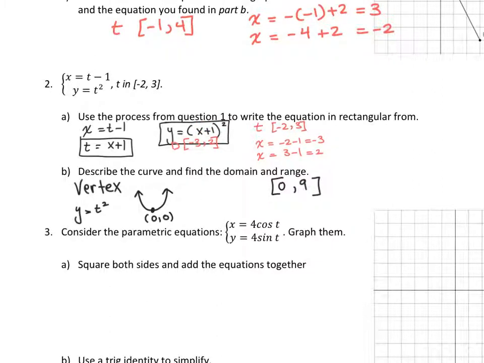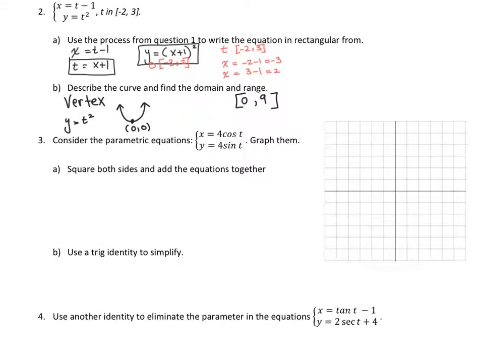Now let's move on to number 3, where we have a trigonometric function. So we have a parametric equation and I need to change it to a rectangular equation. By looking at this, I can see that this is the equation of a circle, and that's why they're asking me to graph it. So let's graph this.